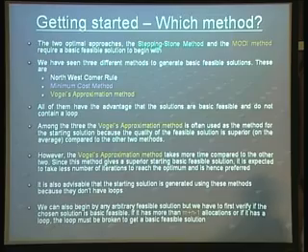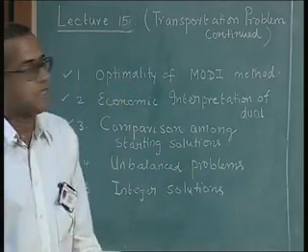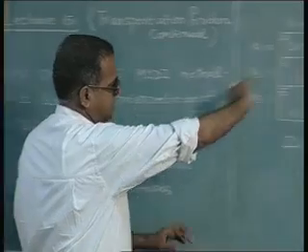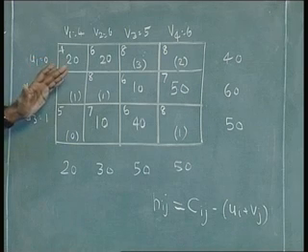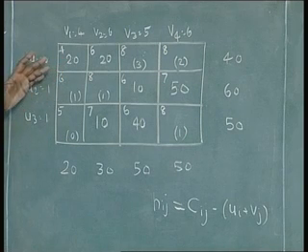Now, between the MODI method and the stepping stone method, let us look at it again. Now, let us look at the same problem and let us compare what we did when we use the stepping stone and when we use the MODI.